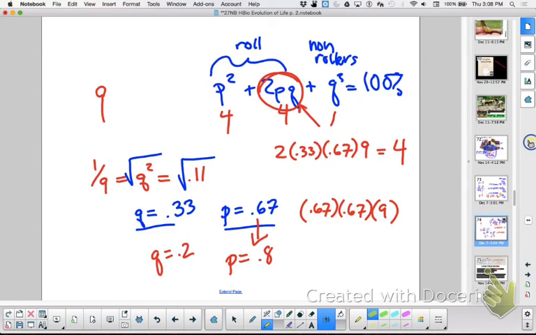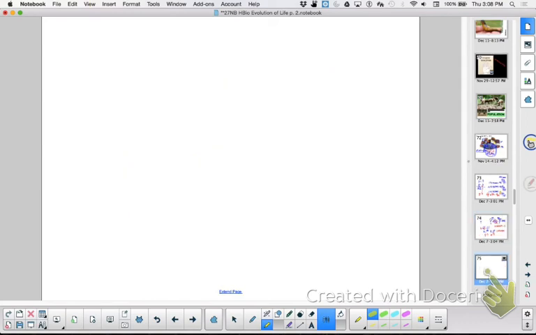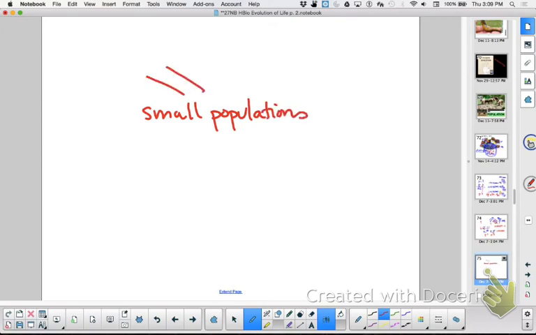This small population, the reason why small populations can cause changes in allele frequencies is because they are more impacted, small populations, by what? Chance.